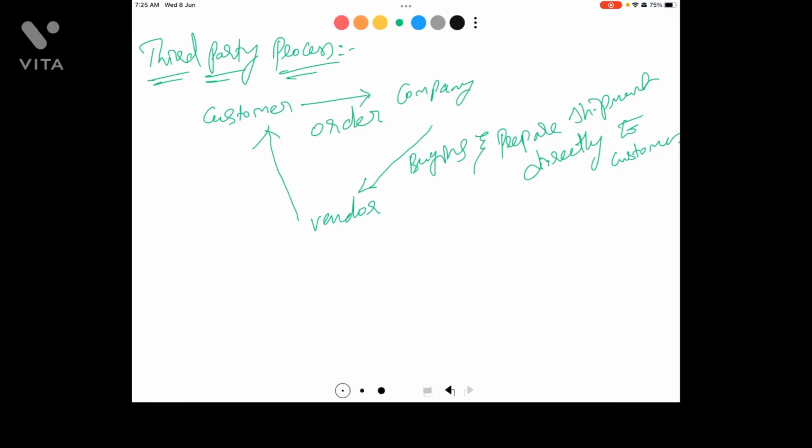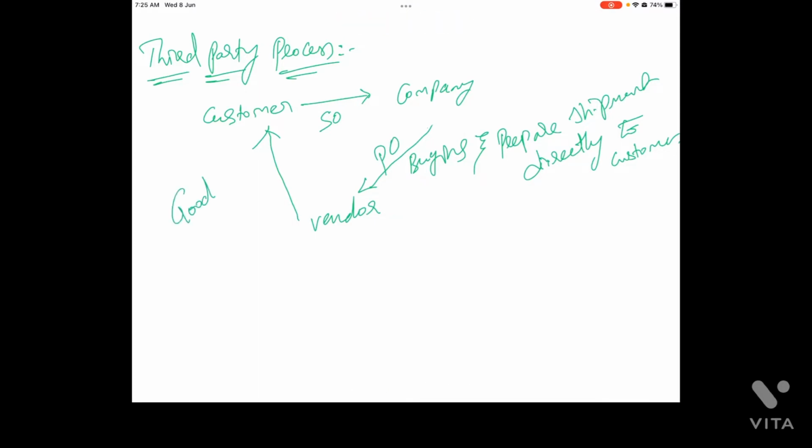So here this is a sales order, the customer order, let's say I put that simply as SO. And the company orders from the vendor with a PO. But the goods are dispatched from vendor to customer.